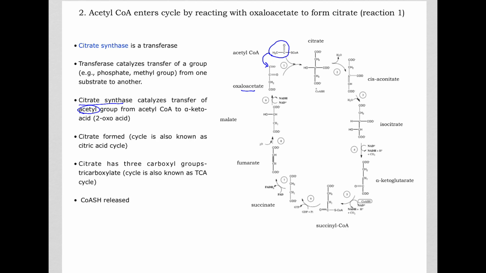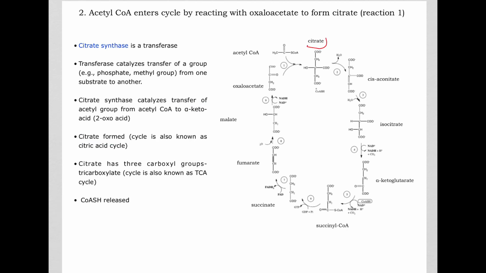Now oxaloacetate is an alpha keto acid. You see the acid and then alpha to that is a ketone. So citrate synthase transfers an acetyl group from acetyl-CoA to oxaloacetate, and what is formed is citric acid or citrate.